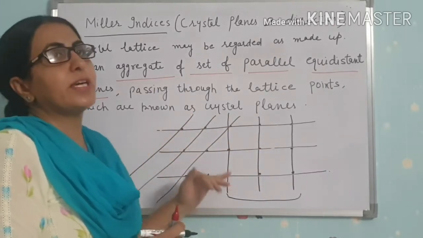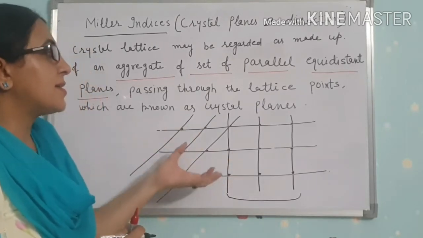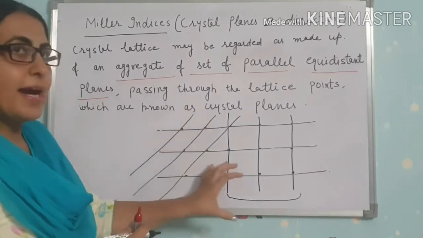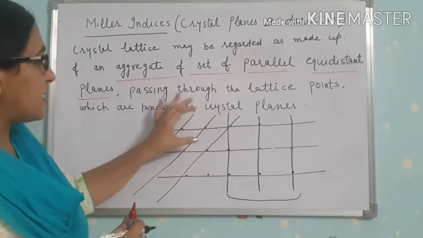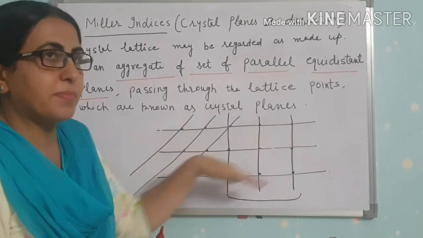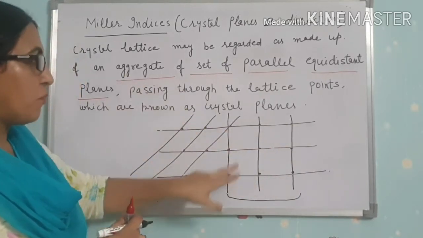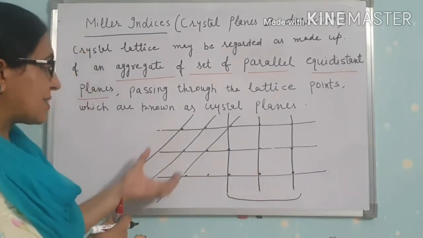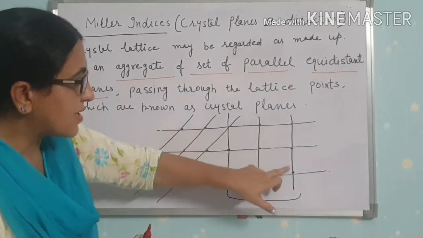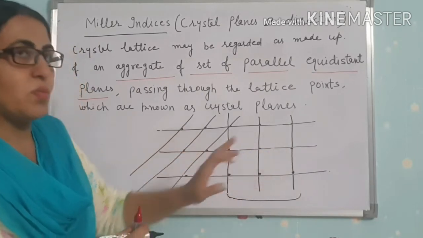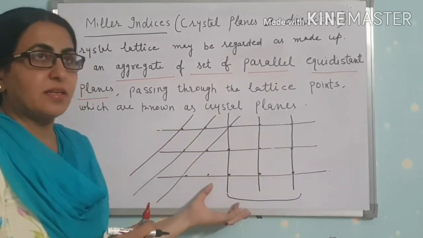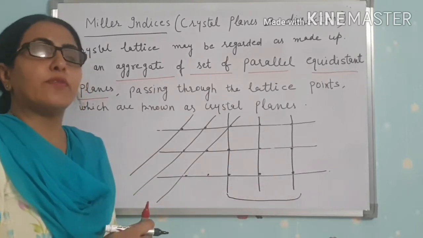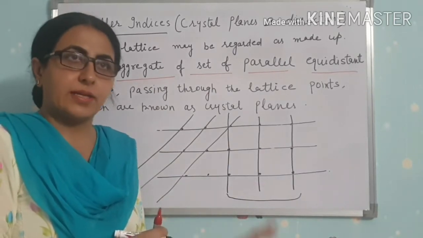So that's why we can say that a crystal lattice is made up of an aggregate of sets of parallel equidistant planes passing through lattice points, because these planes are passing through these lattice points. So these planes are called crystal planes, and the crystal lattice is also made up of this aggregate of sets of equidistant parallel planes. Clear?